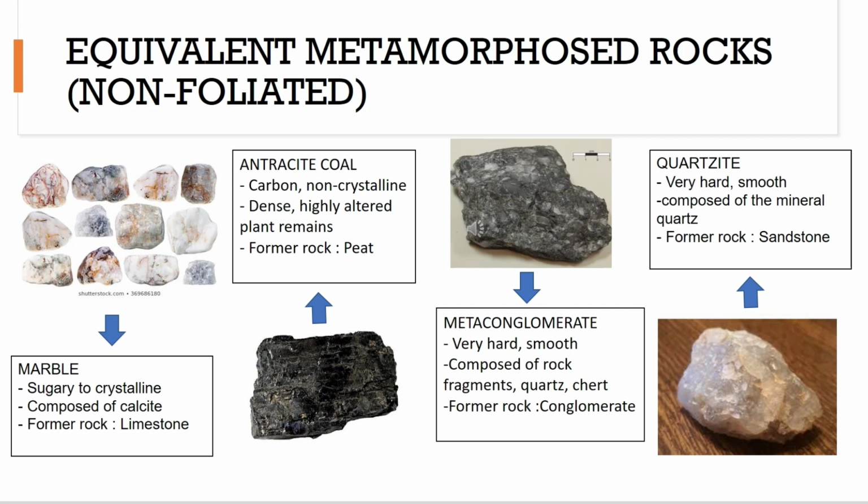For metaconglomerate, it's very hard and has a smooth texture. It forms from conglomerate rock. For quartzite, it's formed from sandstone. It's very hard but has a smooth texture.